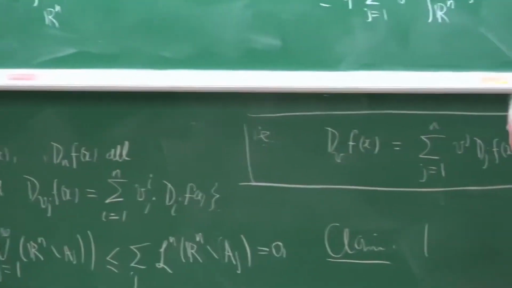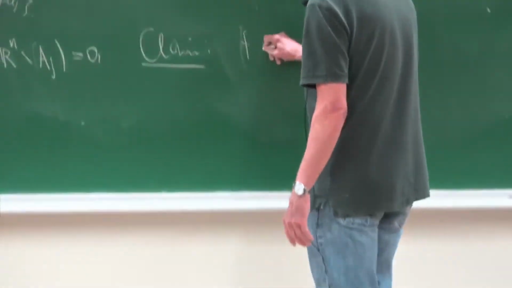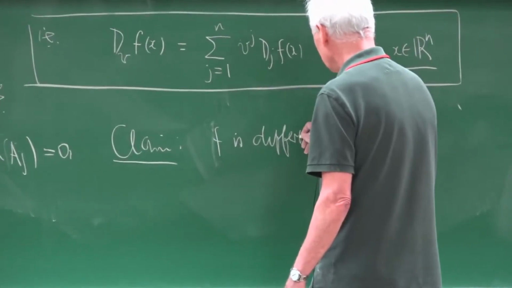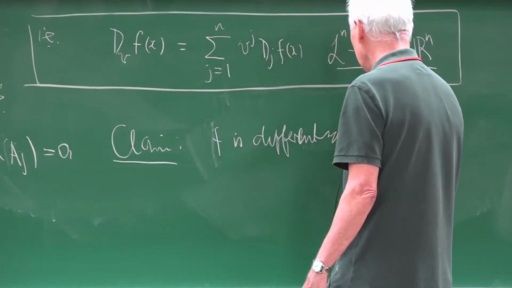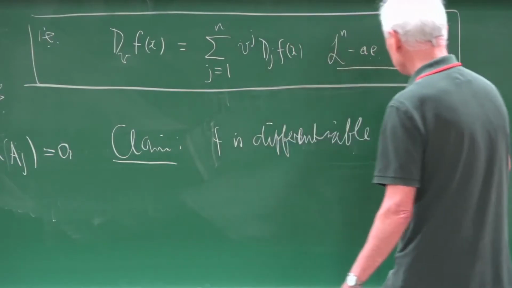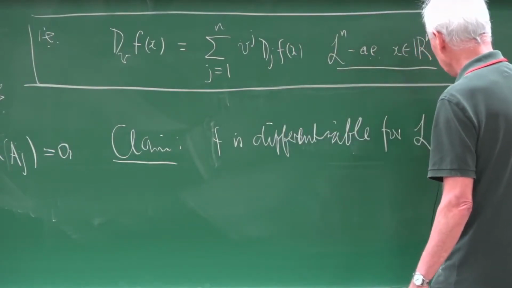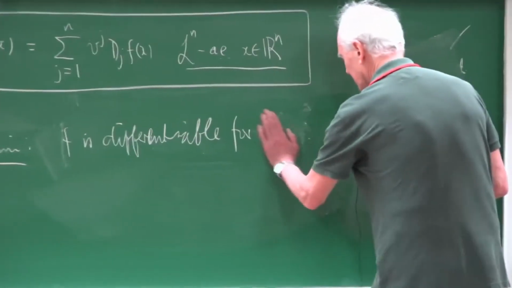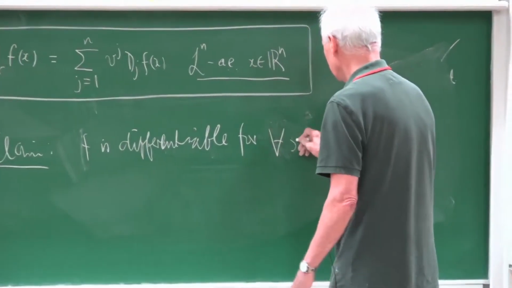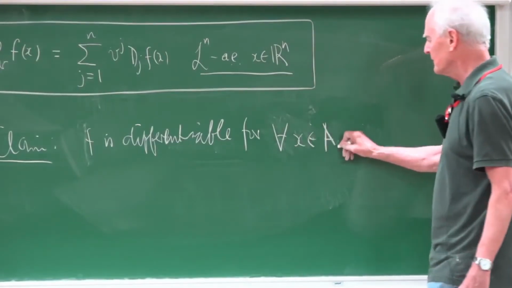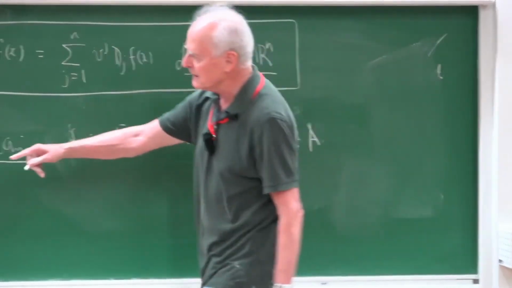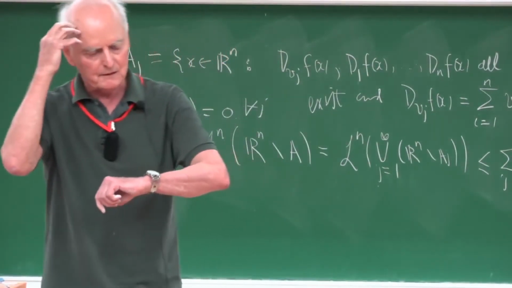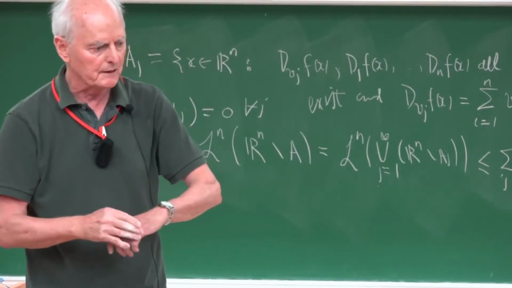I claim that f is classically differentiable for ln almost every x in A. In fact, for every x in A, without exception. And of course, that will be the end of the proof, because the complement of A does indeed have measure 0. So we'll check that after the break. So let's take a 10-minute break.